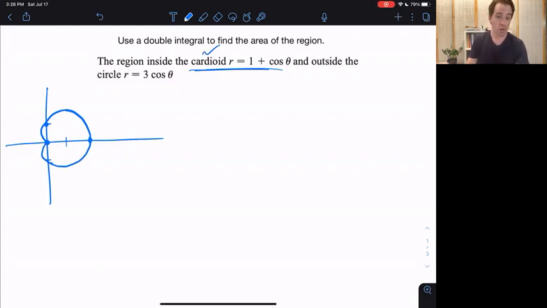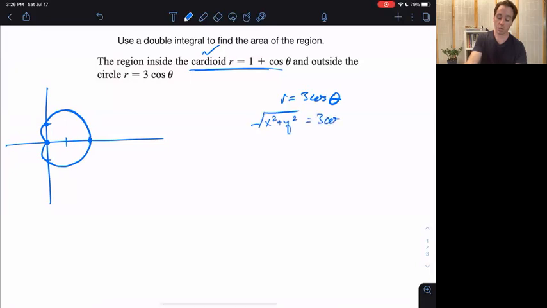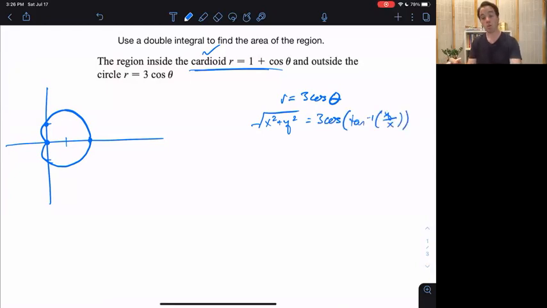Outside the circle, r equals 3 cosine theta. I want to give you a reason to believe that this is going to be a circle in the first place. r equals 3 cosine theta. If I convert that to Cartesian, it's root x squared plus y squared equals 3 cosine of inverse tangent of y over x. You may remember from your pre-calc classes that it's possible to write this by drawing a triangle and writing it in terms of x and y without any trig functions.